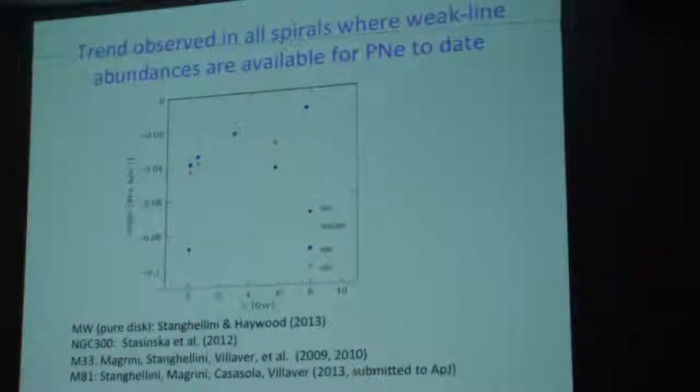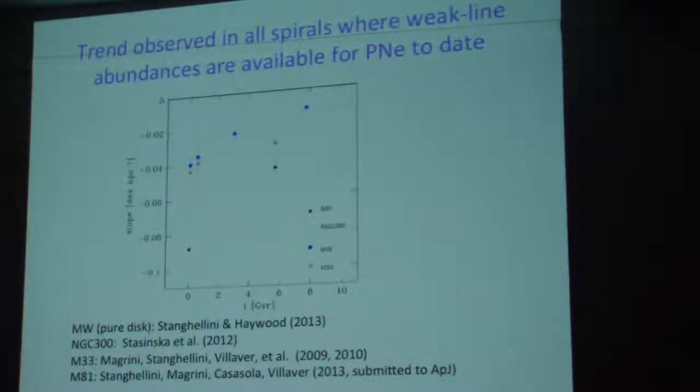But the interesting thing is that if we go even farther away and we go to the galaxies, this plot shows the slope of the gradient versus time of stellar population for all and only the spiral galaxies for which abundances of planetary nebulae and H2 regions have been measured.